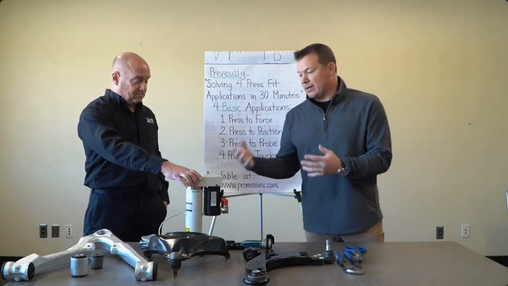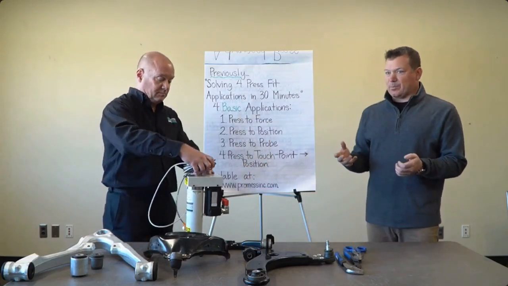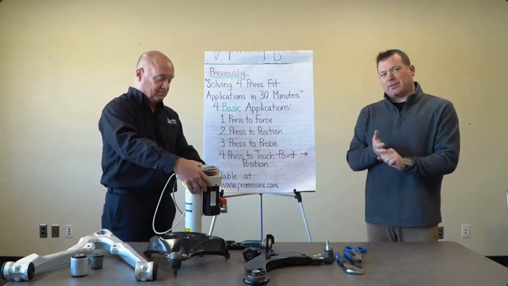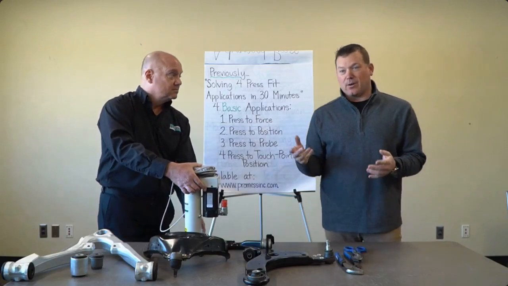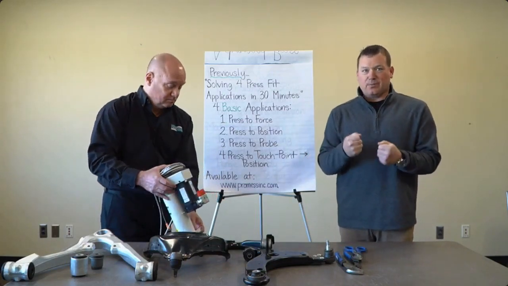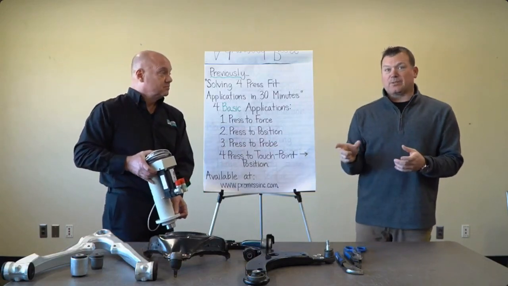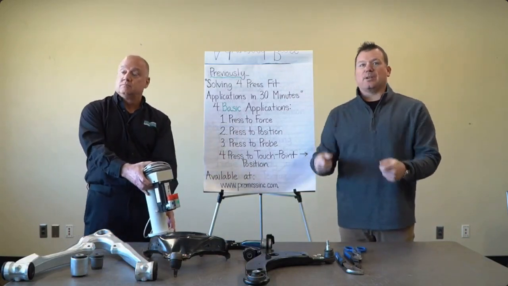Where today what we're going to talk about is a little more advanced methods for pressing to a function, or making and then measuring, or measuring and making. The difference there is it's less focused on the graphing analysis, and more focused on making the part function the way you need it to function, and also positioning parts to a part dimension so that it works properly in its application.